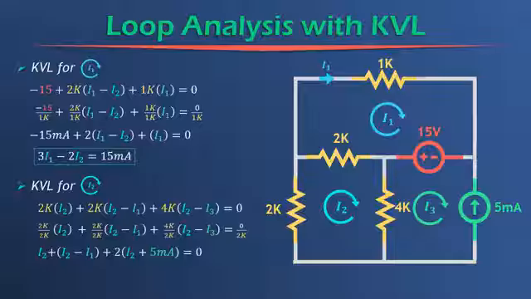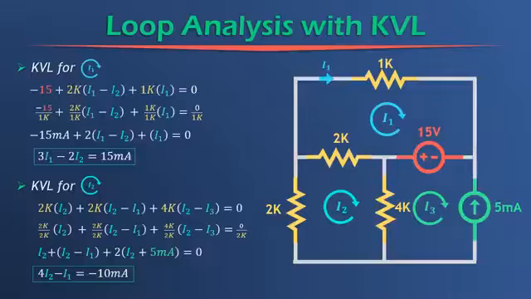Well, you guessed it: the 5 milliamp source is going in the counterclockwise direction, and I3 is in the clockwise direction. To account for that, we make I3 a negative 5 milliamps because it's going in the opposite direction of the 5 milliamp source. So when we have an I3 right here, it's a negative I3. You plug in a negative 5 milliamps, and a negative makes a positive, and that's why we get positive 5 milliamps right here. Set that equal to 0.